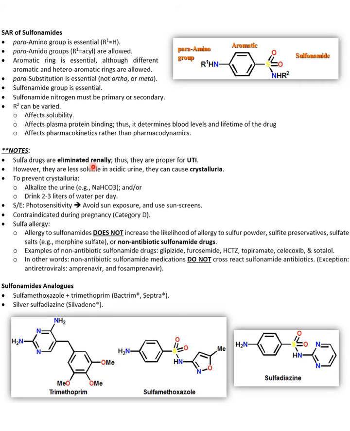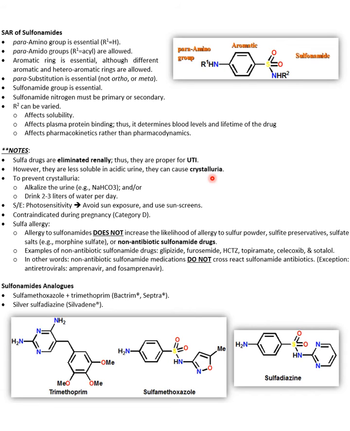They are eliminated through the kidney, but because of that, if the urine is acidic, and urine normally has a pH that is around normal, but it could vary depending on the kind of food that the person is taking, then the sulfonamides will be less soluble, and they will accumulate and will form crystalluria.